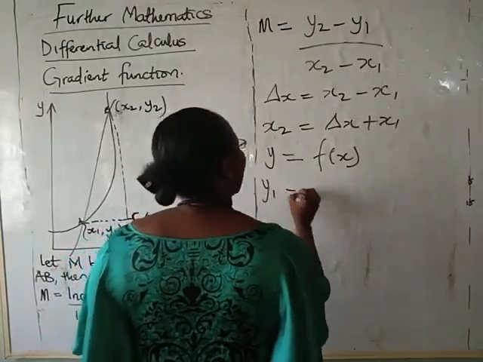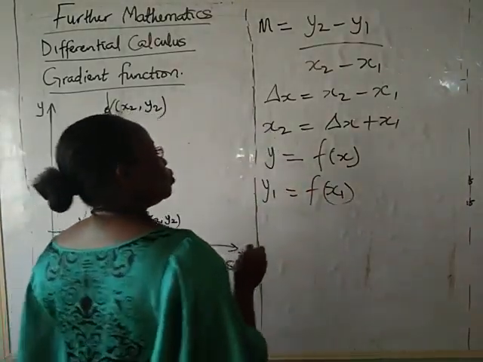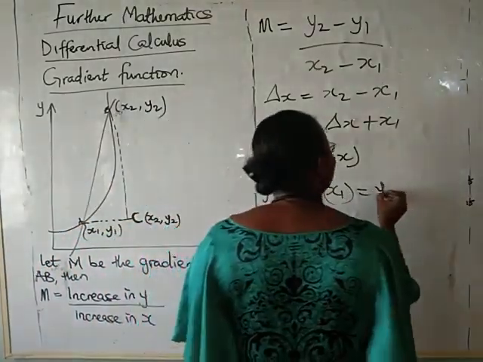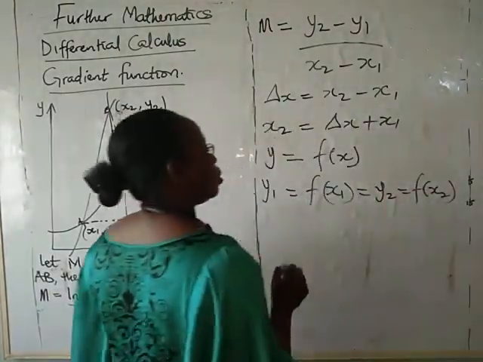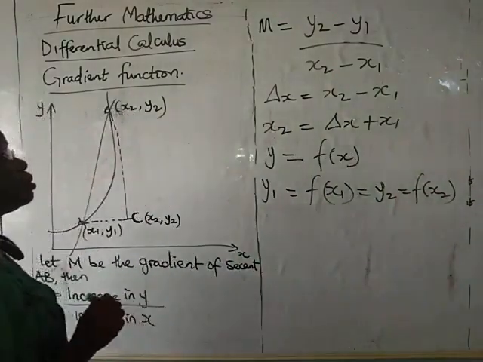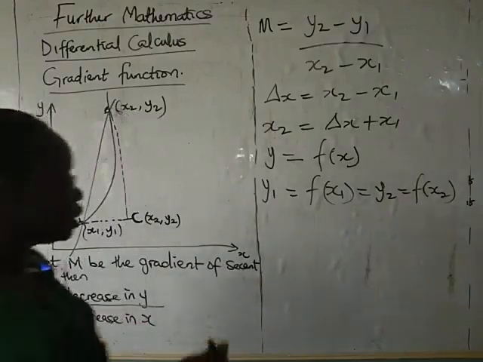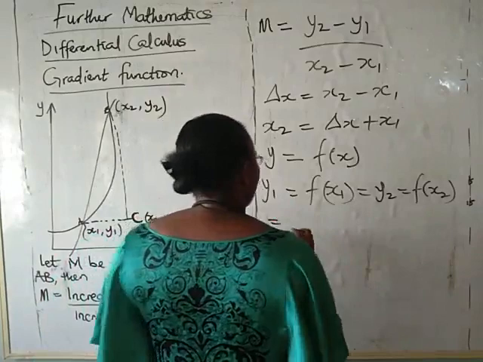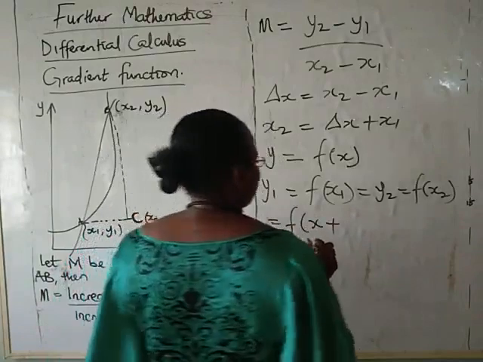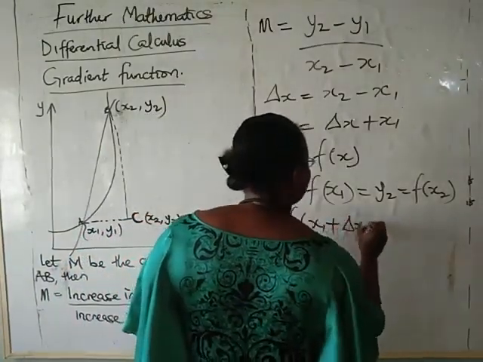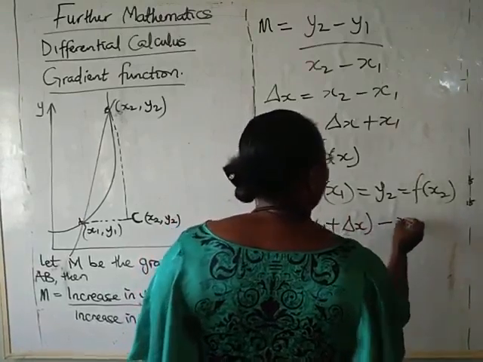So we can say that y1 equals f of x1, which is the same thing as y2 equals f of x2. Are we getting it? So, what is our x2? It is x1 plus delta x.